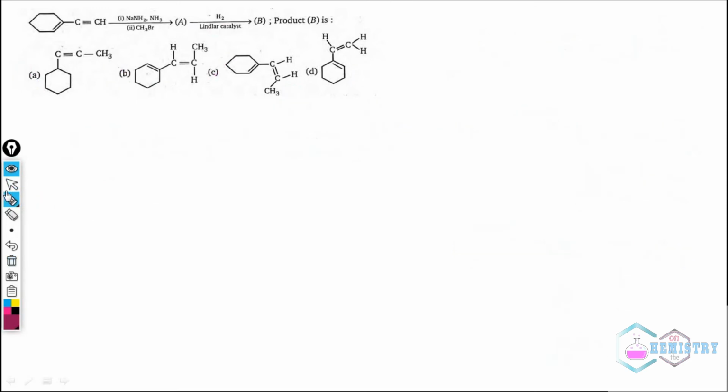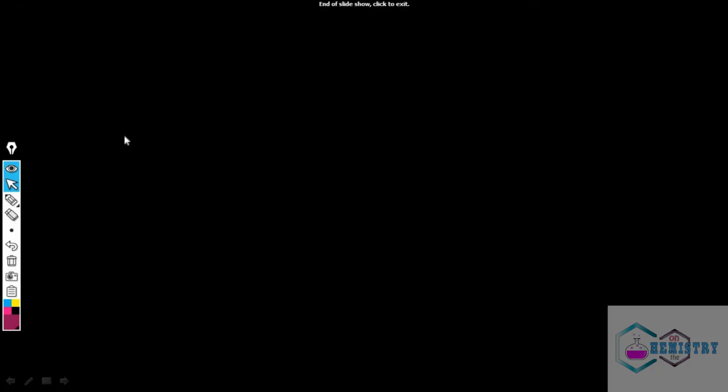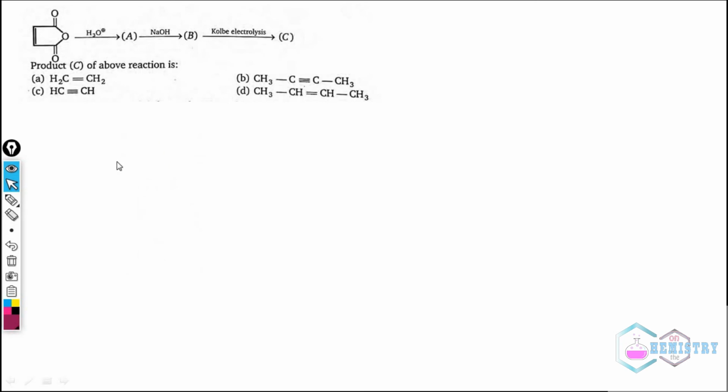Okay, so now the next and final problem of this session. In this problem it is a little bit different. The acidification of this compound will make compound A, which on treatment with a base will form B, and upon cold base electrolysis the B will form C. Basically, cold base electrolysis is done on sodium salts of carboxylic acids. So we can guess that A will be a carboxylic acid.